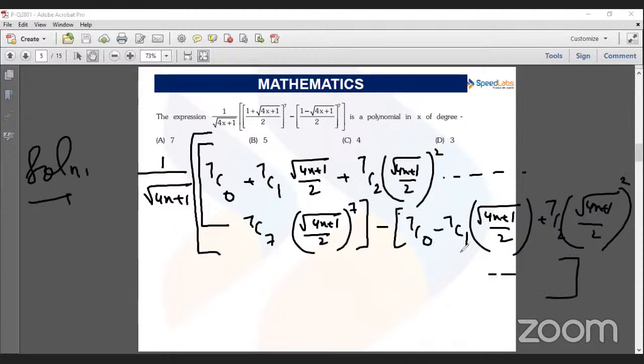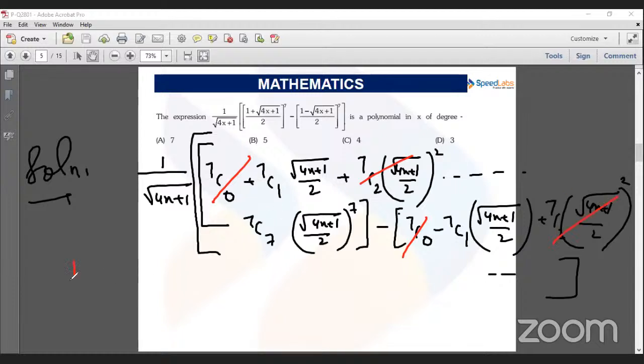So the odd coefficient terms will remain and the even ones will cancel out. 7C0 will cancel out, 7C1 with minus minus becomes plus, 7C2 will cancel out.